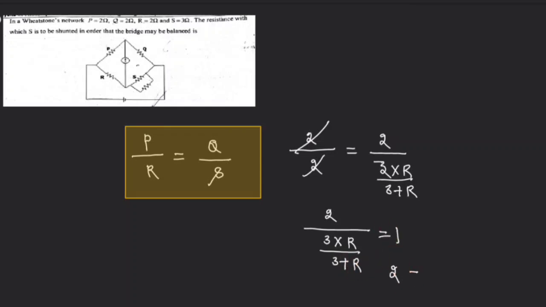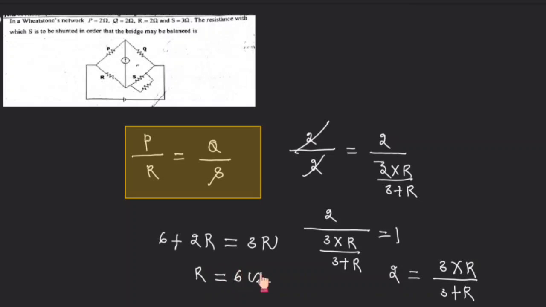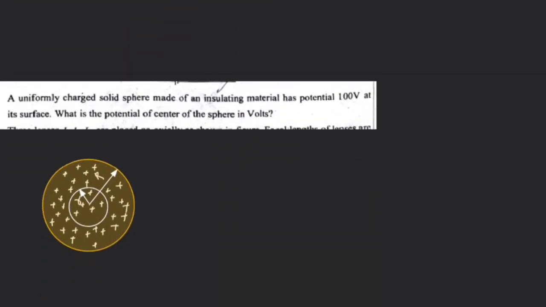Therefore 3R by 3 plus R equals 2, so 6 plus 2R equals 3R. Therefore R is equal to 6 ohms. That is the answer for this question.